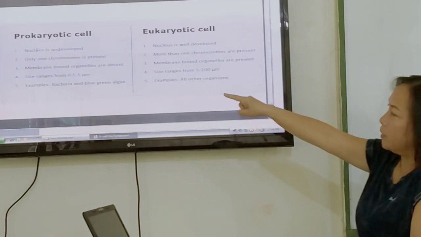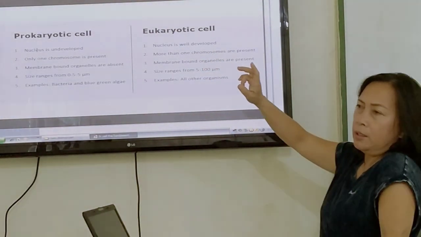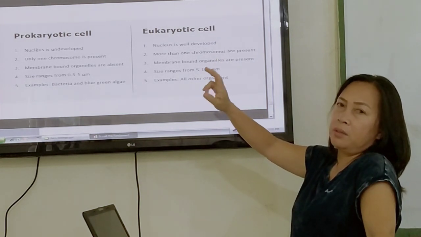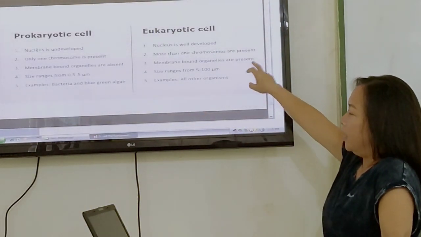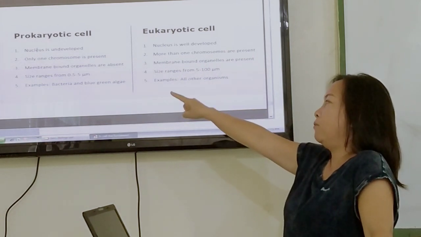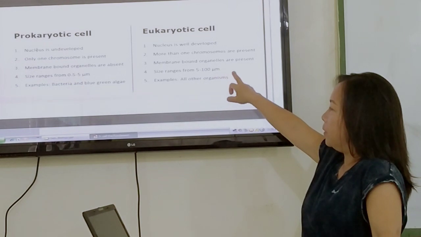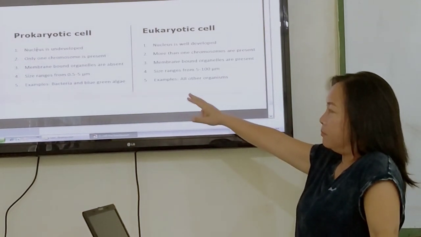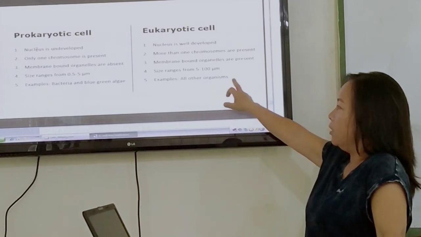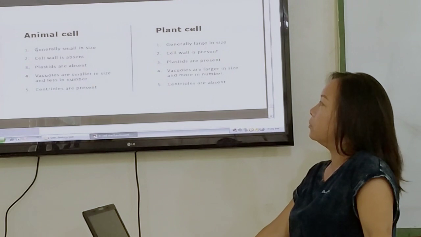Membrane-bound organelles are absent, like for example the Golgi. Here, present. And the size is 0.5 to 5 micrometers, so they are smaller compared to the eukaryotic cell. Examples are bacteria and the blue-green algae, and the rest of the organisms belong to eukaryotes.